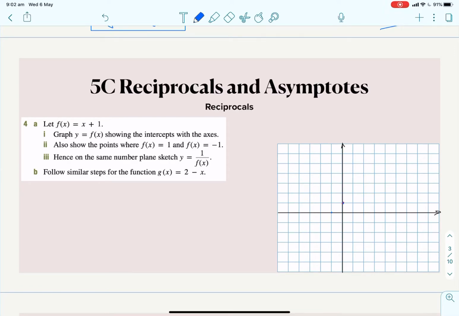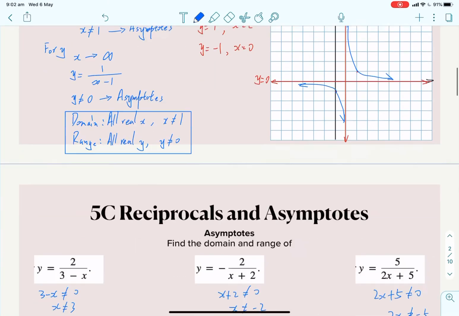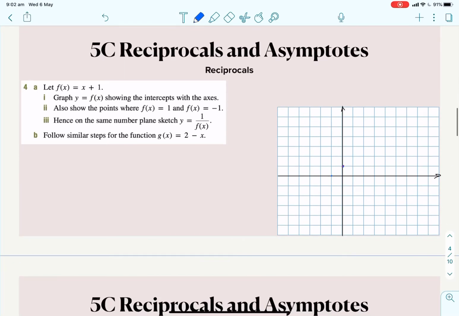Now, when x equals 0, y equals 1. When y equals 0, x equals negative 1. Whoopsie. I hate that bar on the bottom. Now these two, so that means the graph looks like this. Okay. Is that right? Nope, it's not right.